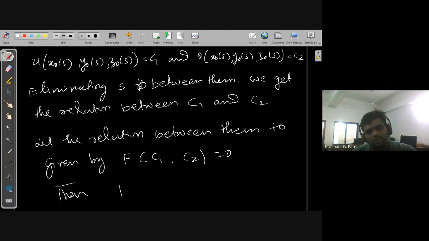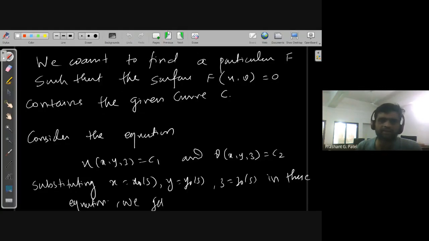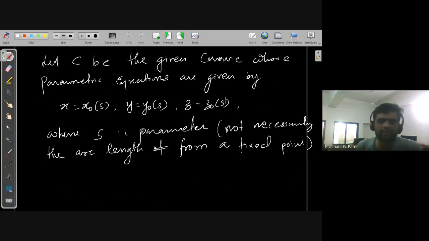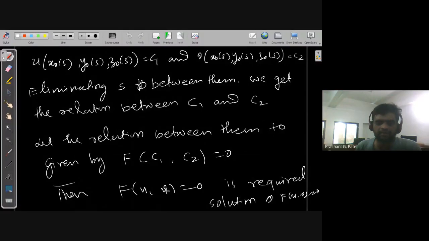Then f of u, v is equal to 0, and this is the required solution, the integral surface. Moreover, the curve given to us lies on this surface which we have obtained at last.